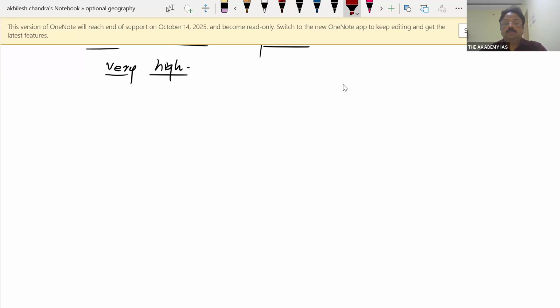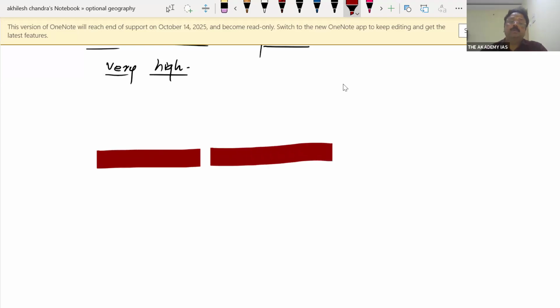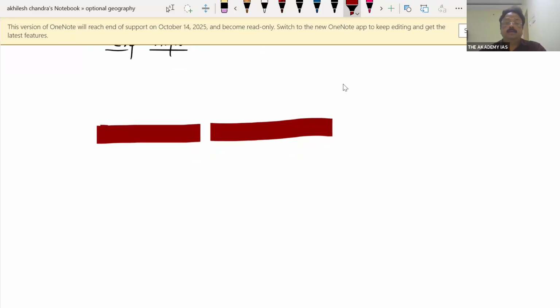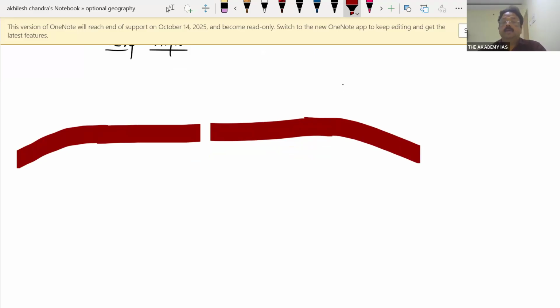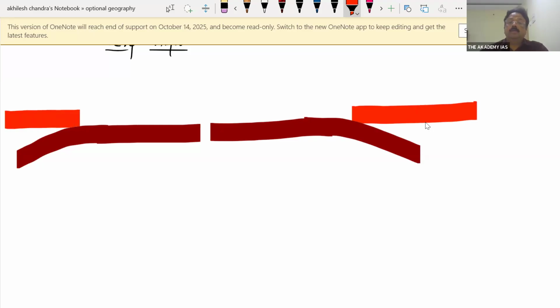So this is the crust, and it is moving because of very high temperature somewhere in the mantle.